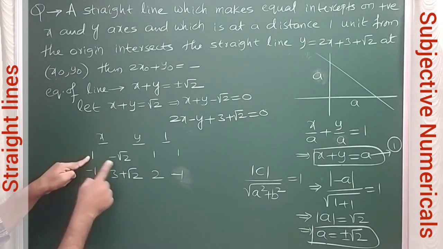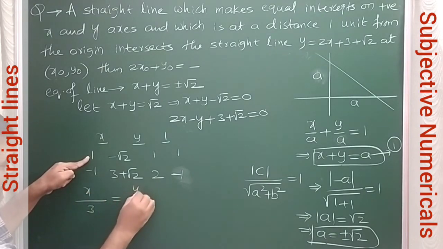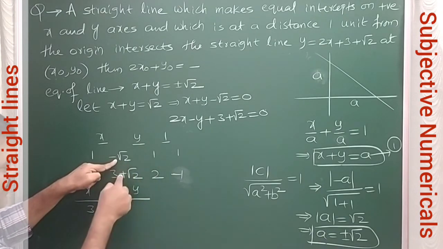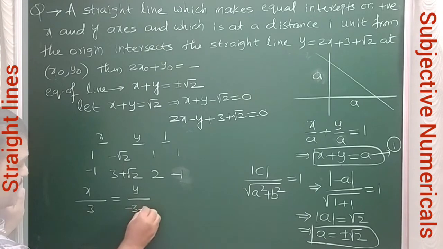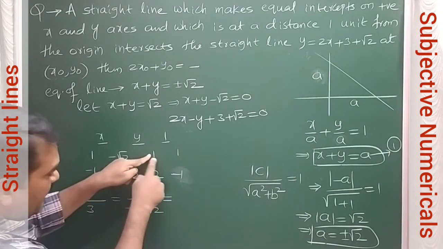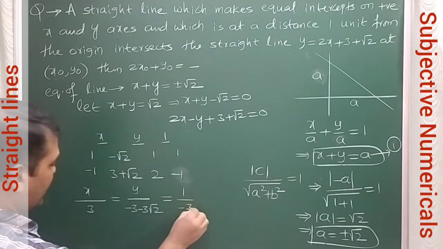X by 3 plus root 2 minus root 2. Next y by minus 2 root 2 minus 3 minus root 2. That means minus 3 root 2 you will get. Minus 1 minus 2, that means minus 3.